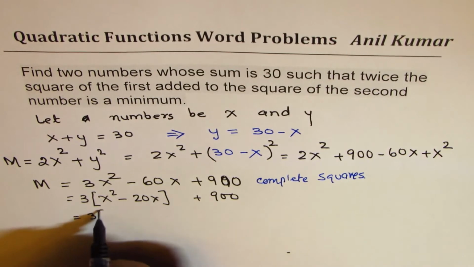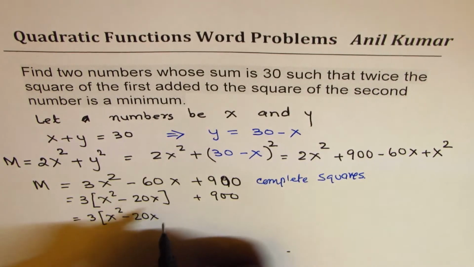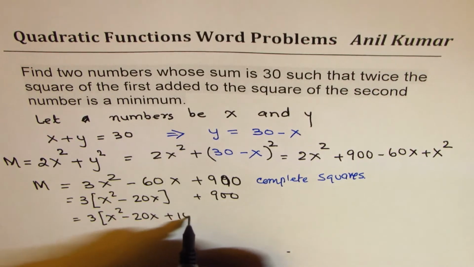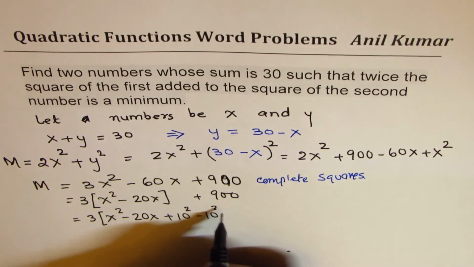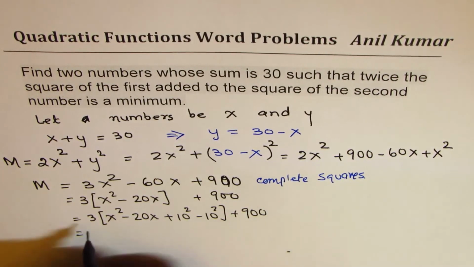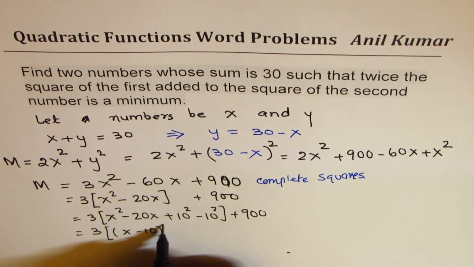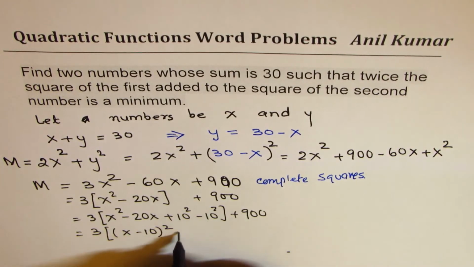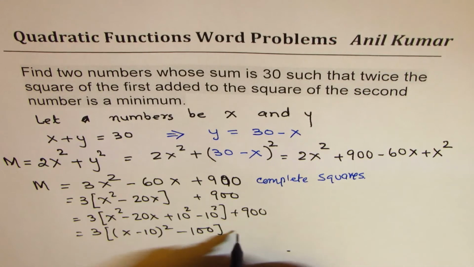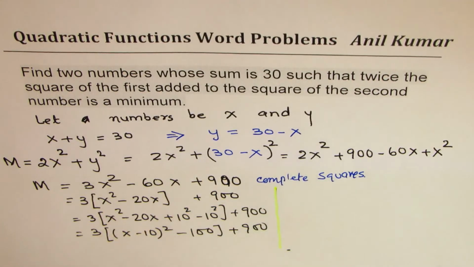That gives you 3 times x squared minus 20x. Half of 20 is 10, so we'll add and subtract 10 squared, plus 900. The first 3 terms make a perfect square, which is x minus 10 whole square, minus 10 squared is minus 100, plus 900, and now we'll simply expand and add the constants.